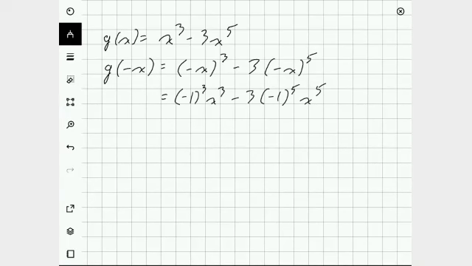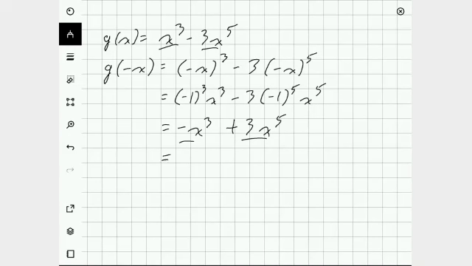Negative 1 cubed is negative 1. Negative 1 to the fifth is also negative 1. Multiply that times negative 3 is going to give us plus 3x to the fifth. And we can see here that term by term, the sign changed from where we started to where we ended up.